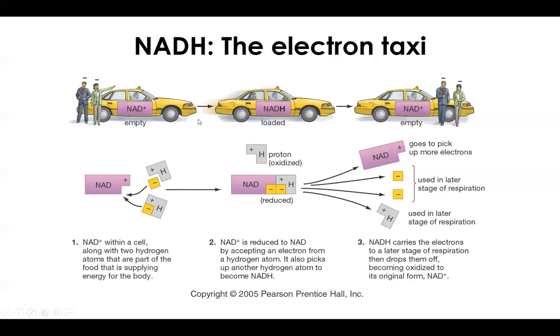So thinking of this as the electron taxi, again, the most important part of cellular respiration is collecting electrons. Therefore, this NADH is one of the most important things that we should keep track of. It's not just a side thought after ATP at this point. We're going to use it to get ATP later, but to understand the whole rest of cellular respiration, we need to take into account how important this is at present.